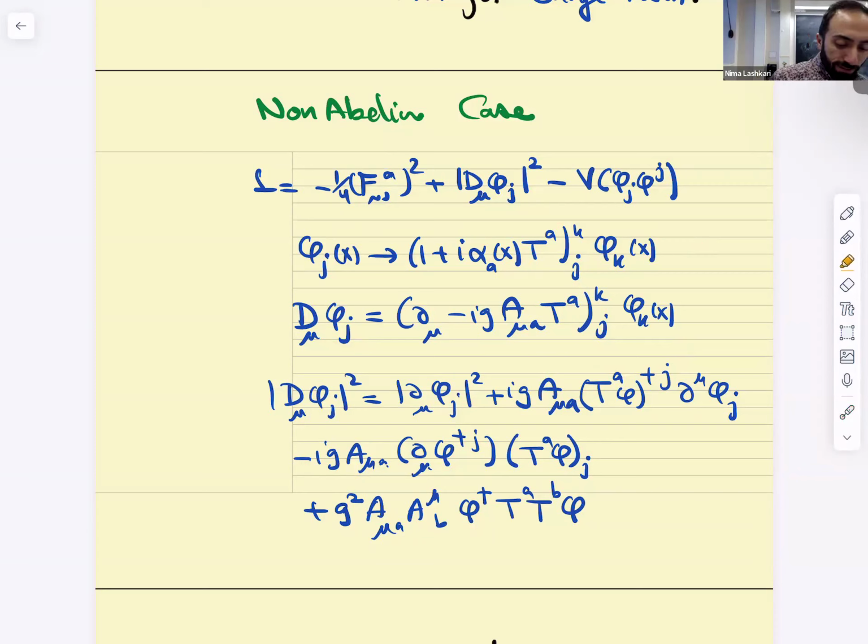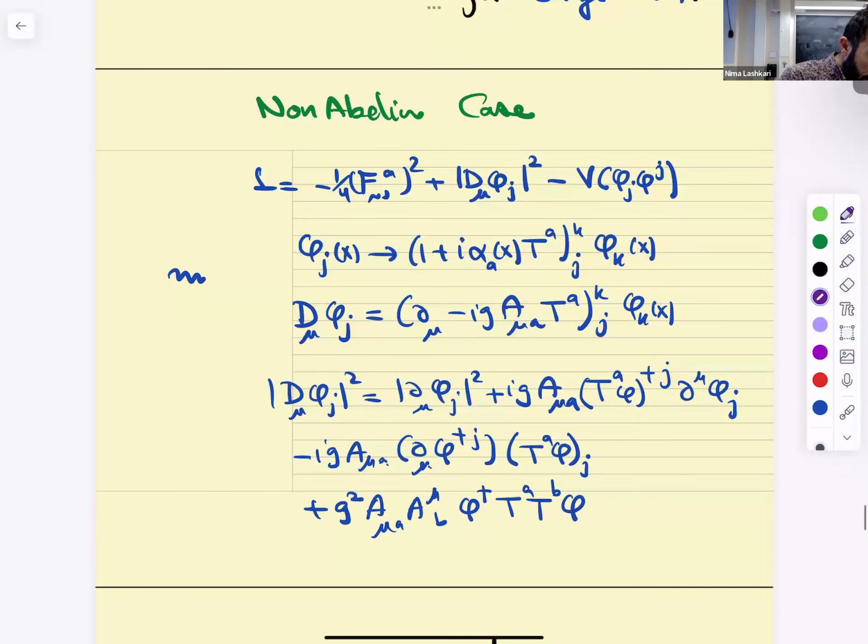To find that funky coupling like this, what I did was I took the covariant derivative of phi j squared and expanded it. So I'm going to do that. Here is the first term, second term, and then there's a g squared term. This is g squared T^A T^B, where T^A are the generators.